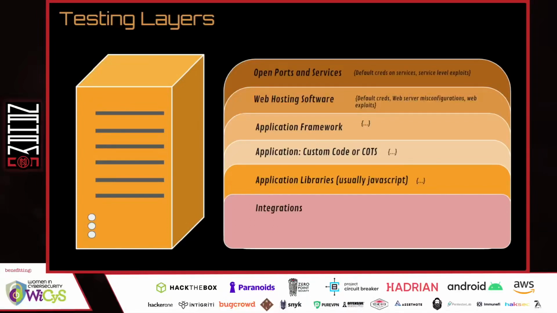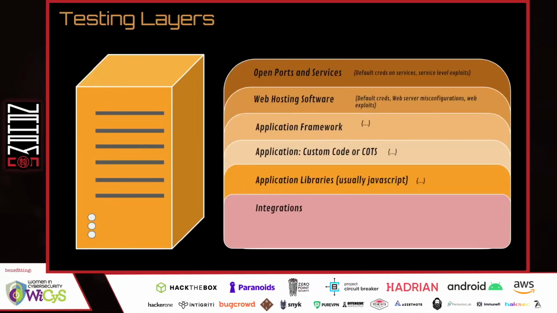Then you have your baked-in libraries or dependencies, usually JavaScript. They can have associated vulnerabilities as well, most likely web vulnerabilities, and we'll talk about that later. And then integrated deeply into the flow of your application, you could have integrations where your site is talking to other sites, and there are opportunities to both attack your site or other sites through the integrations that your application does.